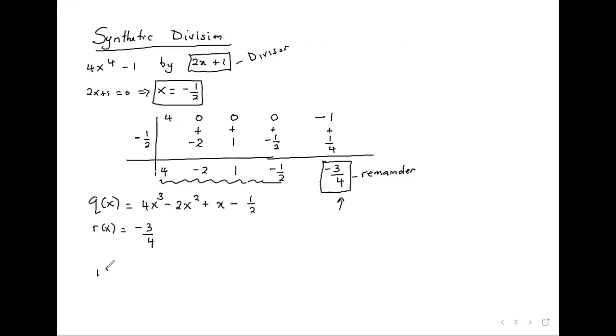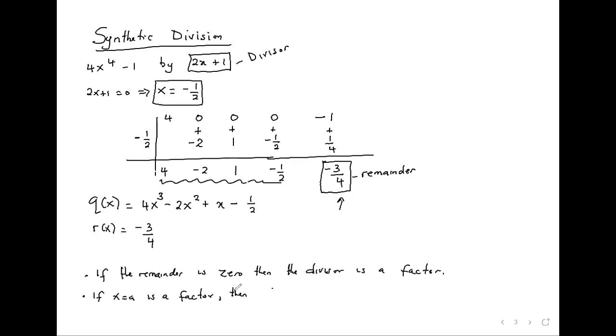So we're saying if the remainder is 0, then the divisor is a factor. Second, if x minus a is a factor, then f of a is equal to 0.